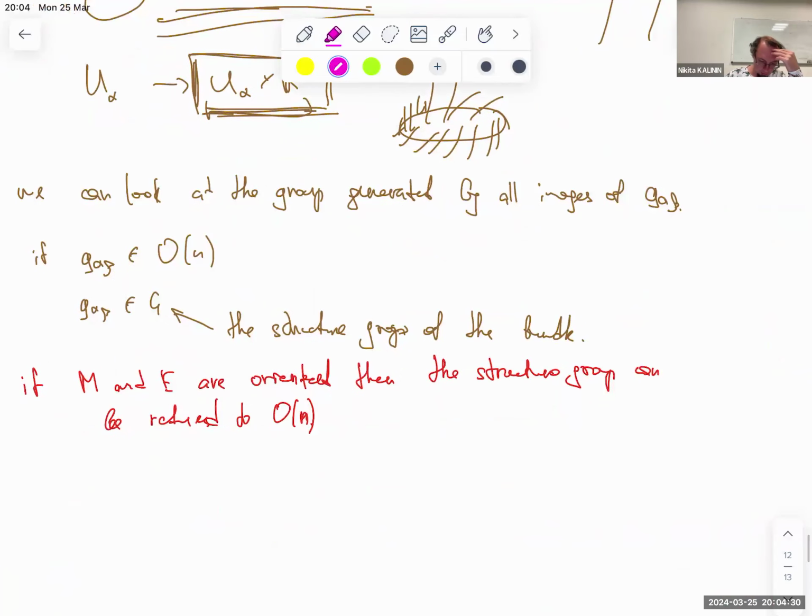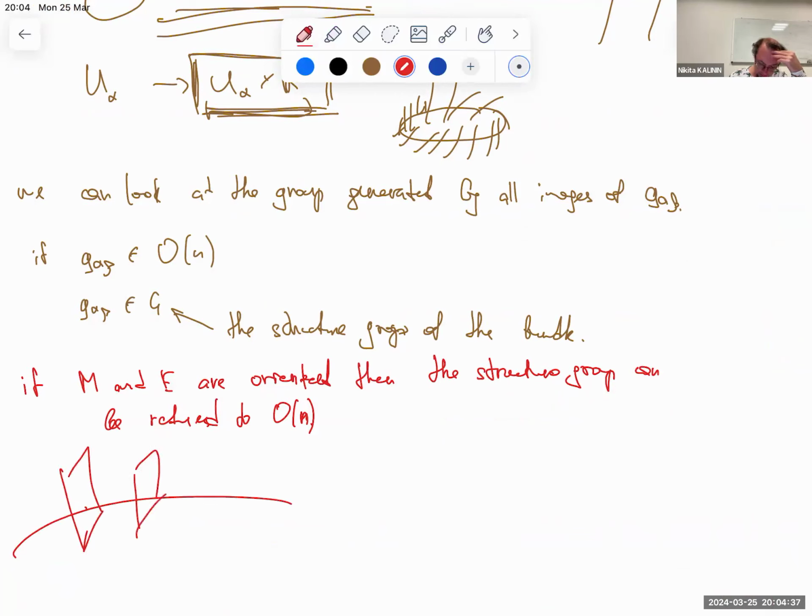Okay, so how to do it? As I said, you need in every fiber, P inverse of X is called a fiber for X. So that's my X. Here is a copy of Rn over it, that's called a fiber. So in each fiber, I choose a metric.